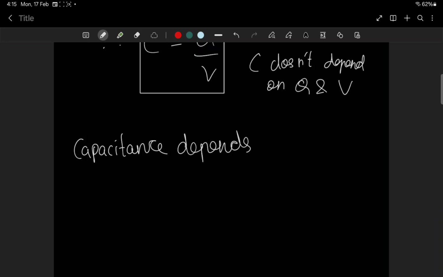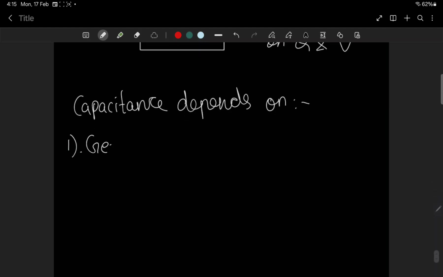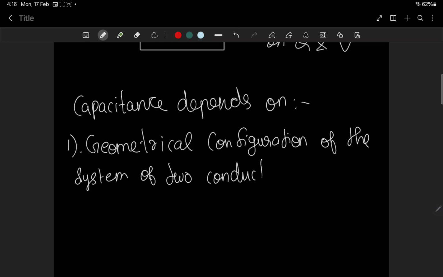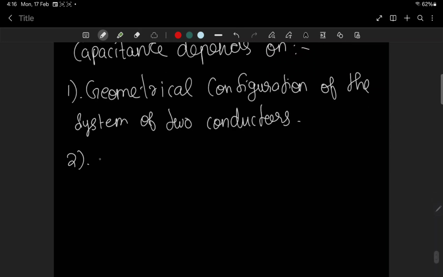So what does capacitance depend on? First, the geometrical configuration of the system of two conductors, that is the distance between the two plates, the size and area of the two plates, that is shape, size, separation, etc. Second, the nature of the dielectric, the nature of the insulator separating the conductors.